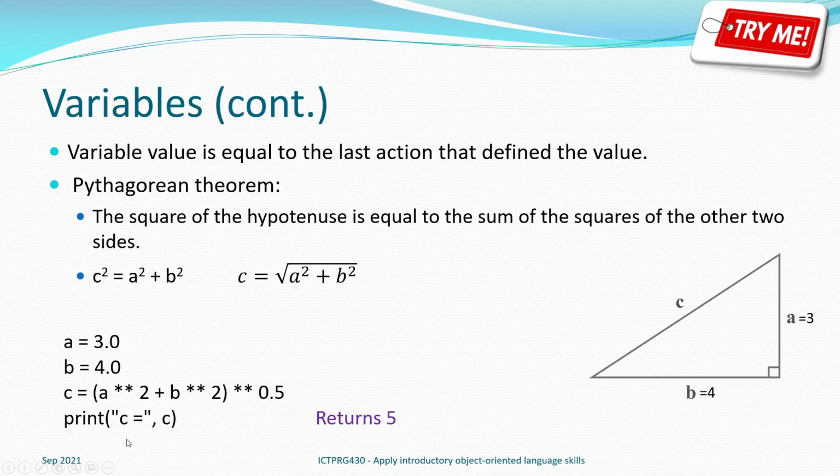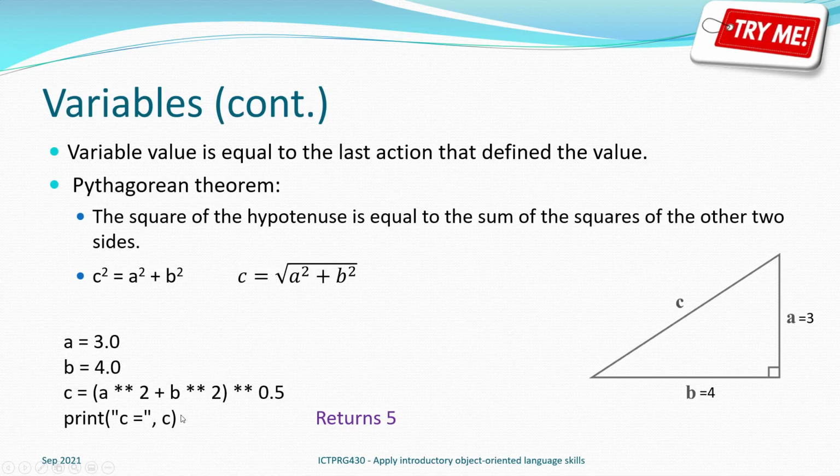So, a is 3, b is 4, so c is the calculation of a to the power of 2 plus b to the power of 2, and that is done to the power of 0.5, which is the square root.